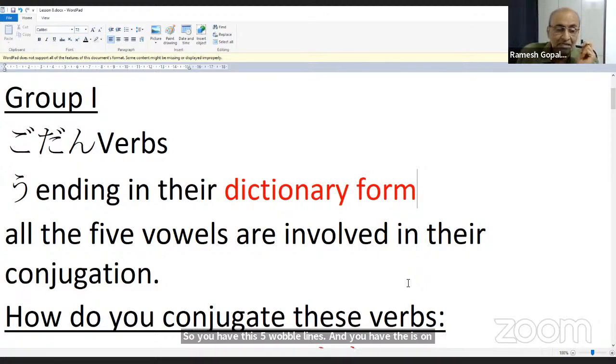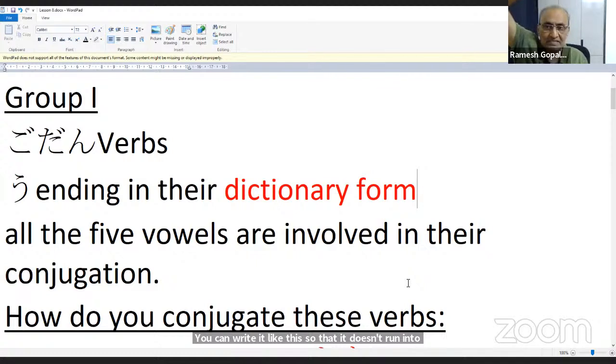Now what you do is, the U line, no? Above that U line, use your pencil and write dictionary form. Write it so that it doesn't run into the other line.